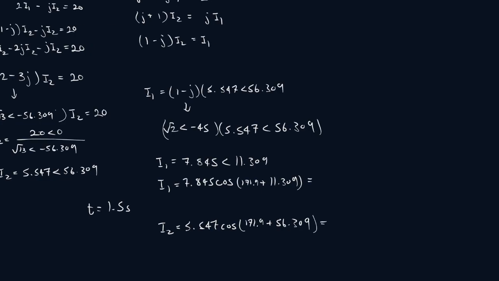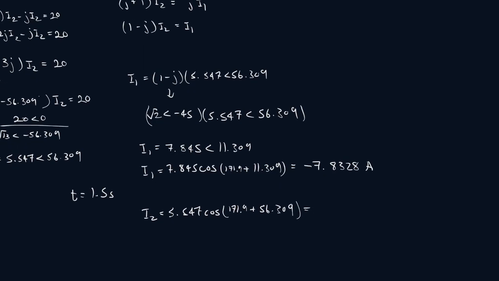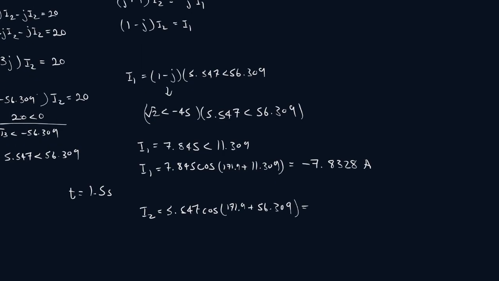And then let me see what that gives me. I1 you get minus 7.8328 amps, and then I2 it's minus 3.6976 amps.